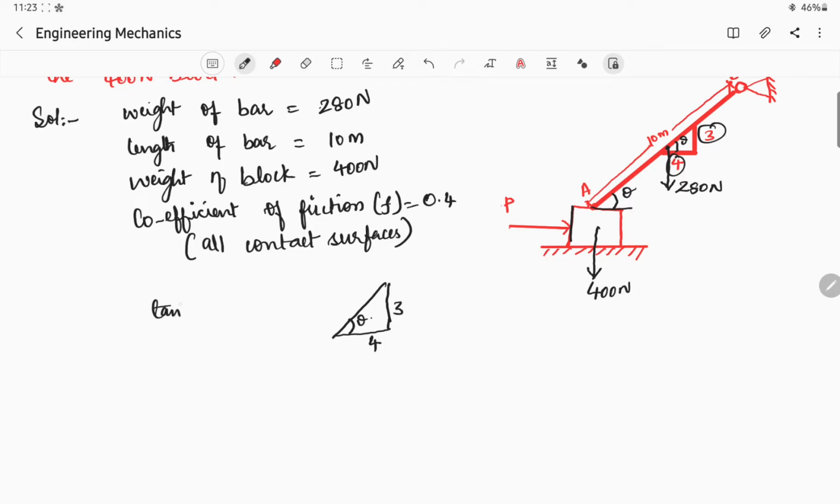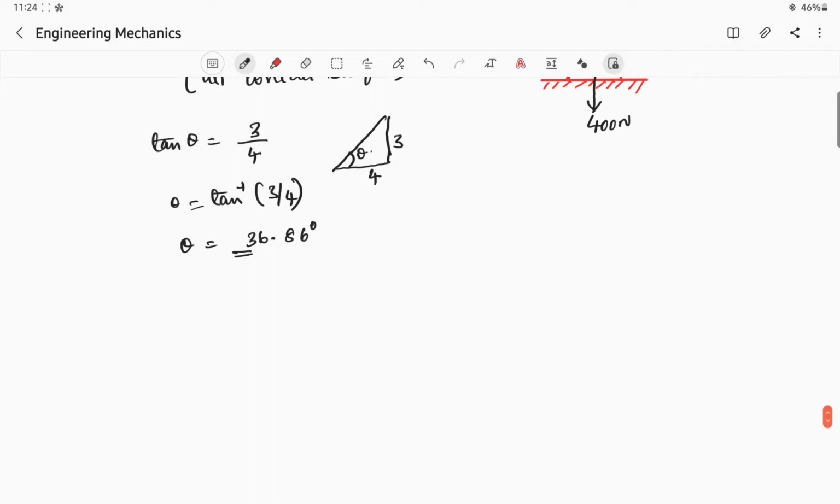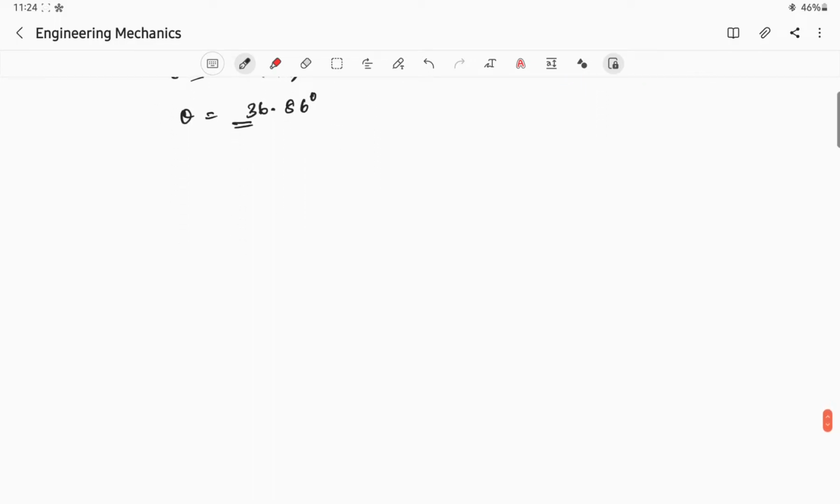What will be tan theta? Tan theta is equal to height by base, right? 3 by 4. So that implies theta is equal to tan inverse of 3 by 4. So theta is equal to 36.86 degrees. Fine. Now we will consider the bar AB first, then we will consider the block again.